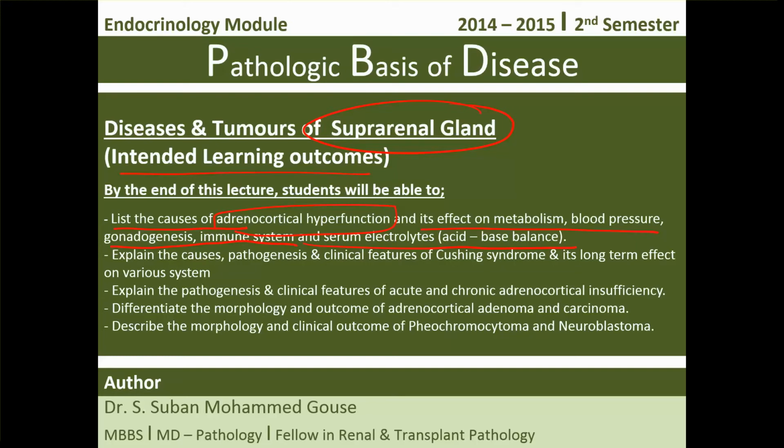This means you should be able to list the causes where the adrenal cortex goes into hyperfunction and releases more adrenocortical hormones, and list the effects on its various functions.